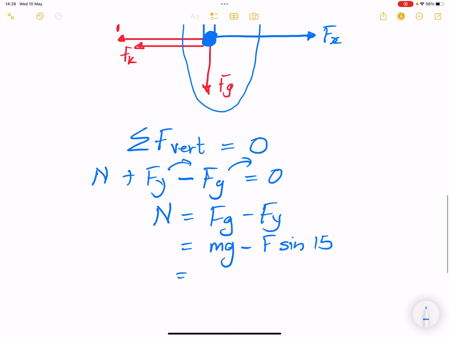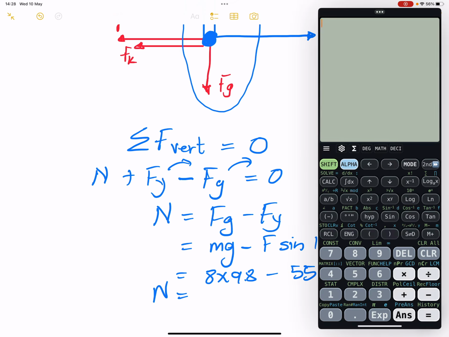So let's just substitute what we've got. We've got the 8 kg block times 9.8 minus 55 sine 15. Let's find out what that normal force gives us. So I am going to have 8 times 9.8 minus 55 times the sine of 15 degrees.